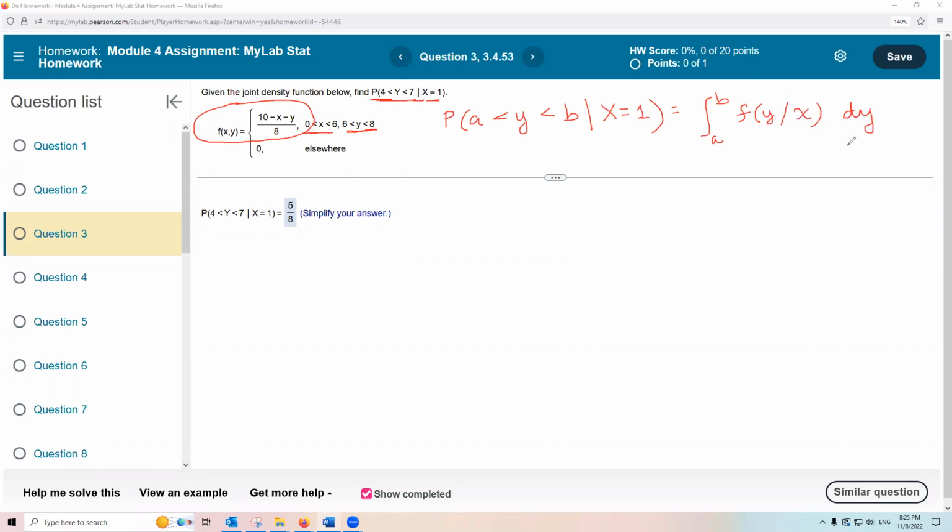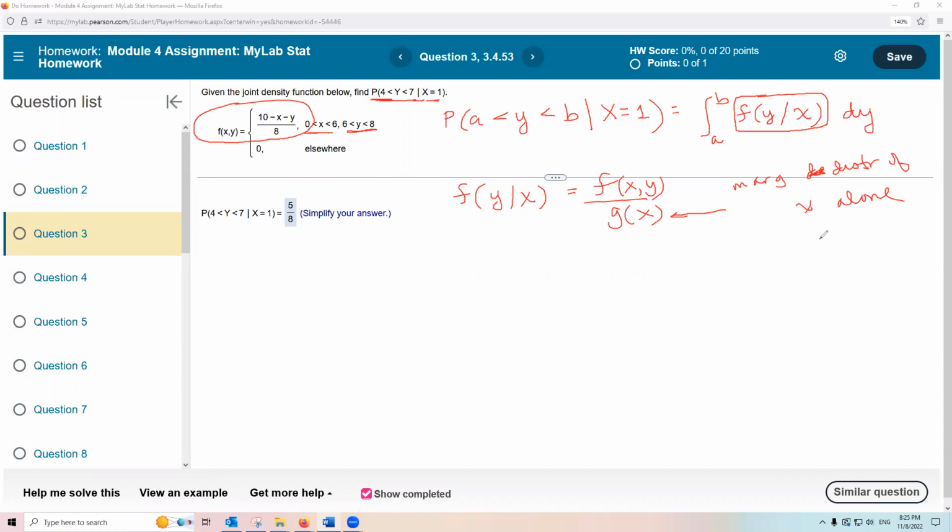This is a formula from the textbook that we'll need for this example. So what we need then is this density function f of y given x. Well, there's a formula for that. If you want to know f of y given x, we have to calculate f of x comma y over g of x. g of x is the marginal density function, the marginal distribution of x alone.